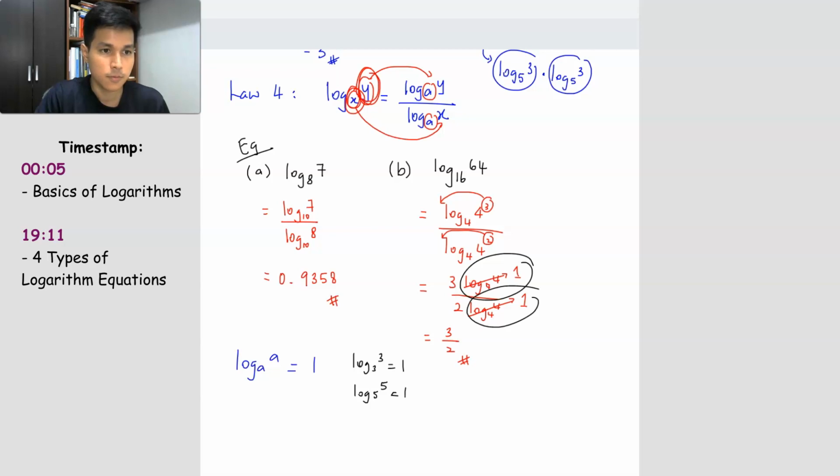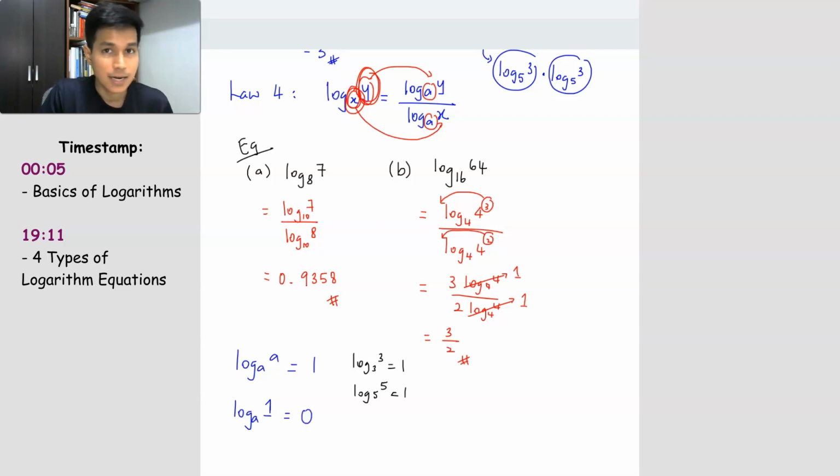That's what we did just now. Whenever we see the same value as the base, we always make it become 1. The second thing is, whenever you see log 1, regardless of the base, you always get 0.